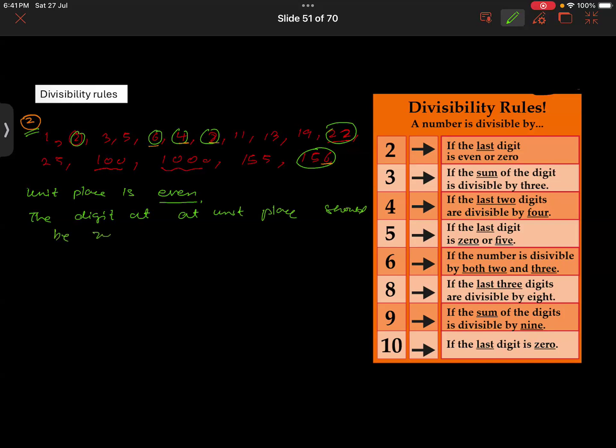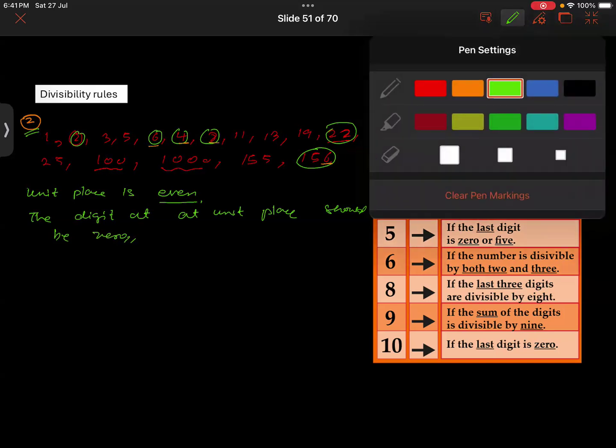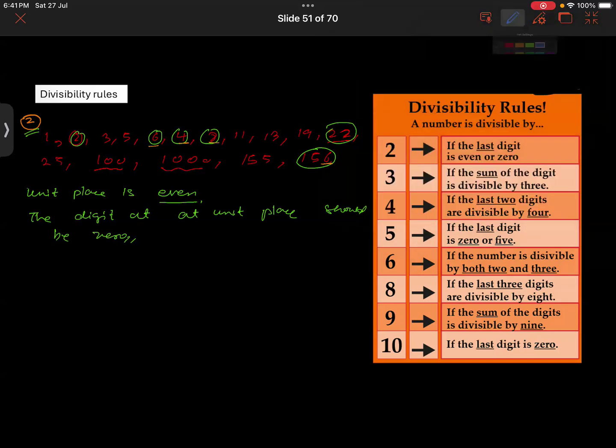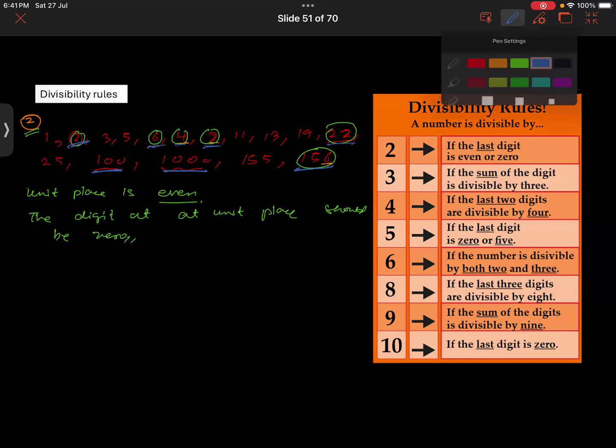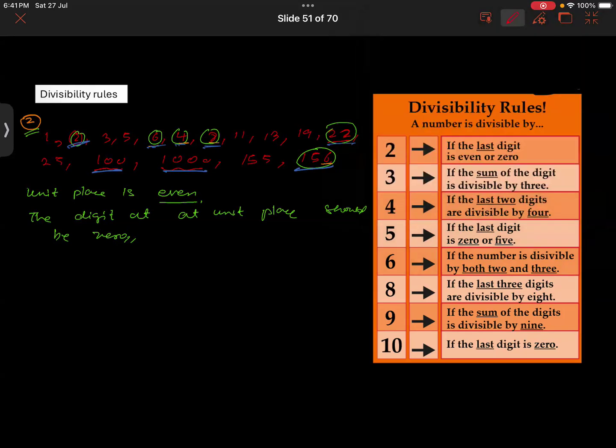So you can clearly note down over here that we had the following numbers: 2, 6, 4, 8, 22, then 100, 1000, and 156. All of them are divisible by 2. So the divisibility rule for 2 is very simple. If the last digit is even or 0, then it is divisible by 2.